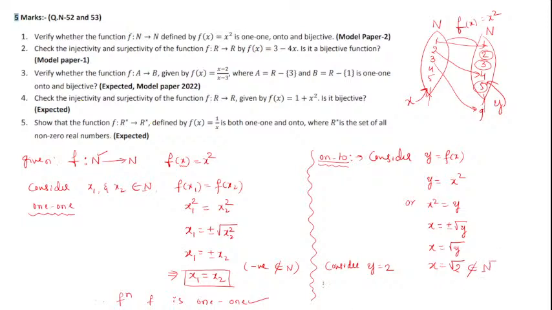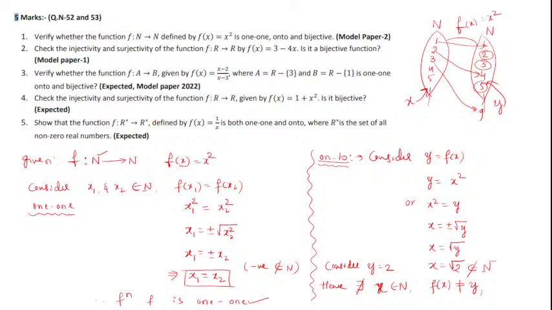Hence there does not exist x belonging to the set of natural numbers such that f of x is equal to y. So you can't get any pre-image for the value 2 in your codomain, in the domain part.